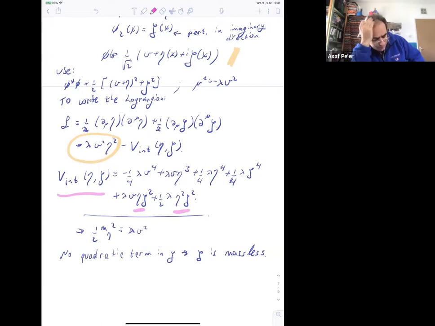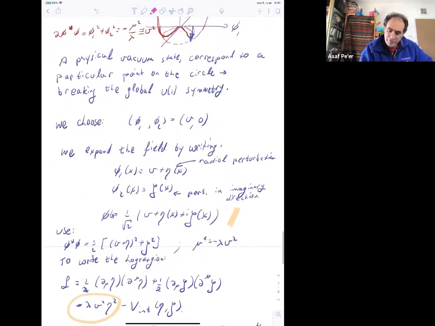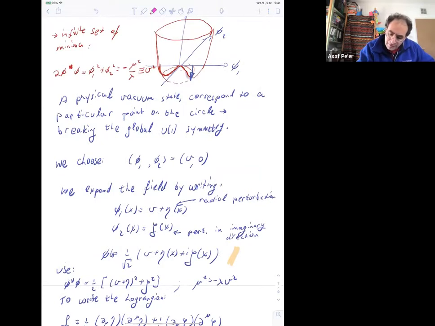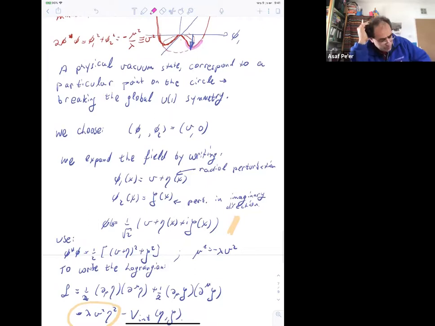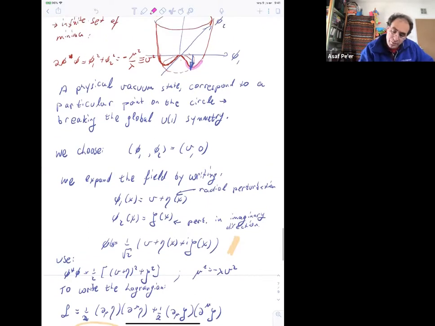Now, so we got the excitation of the massive field eta, right, as we had previously. So this is the field eta, these excitations are in the direction where the potential is quadratic, right? Now, the particle that describes the massless scalar field psi is an excitation in the perpendicular direction, right?